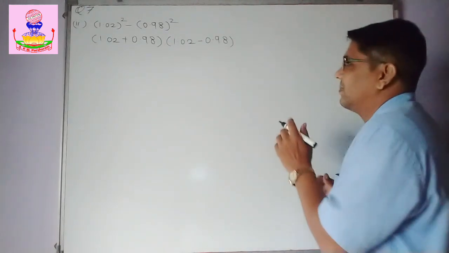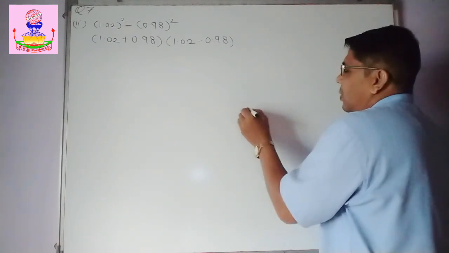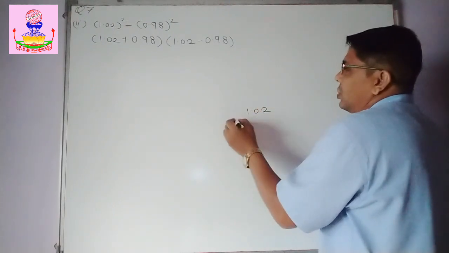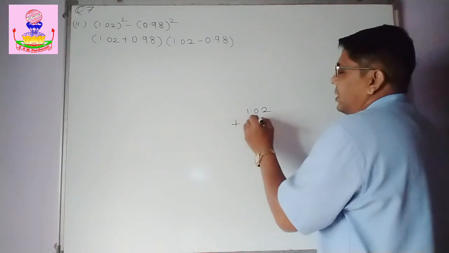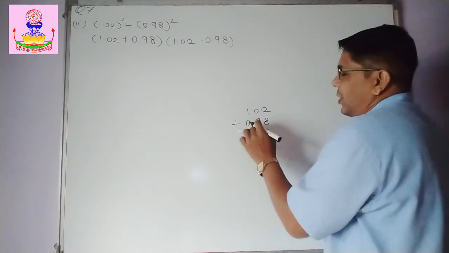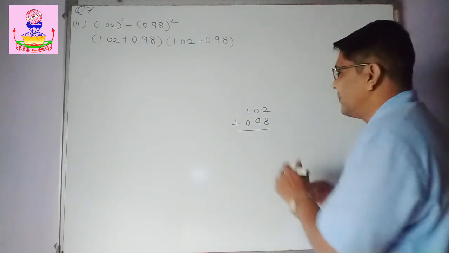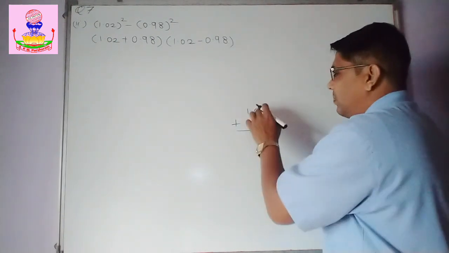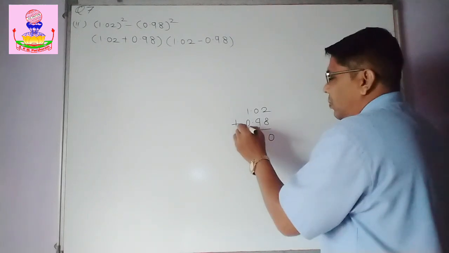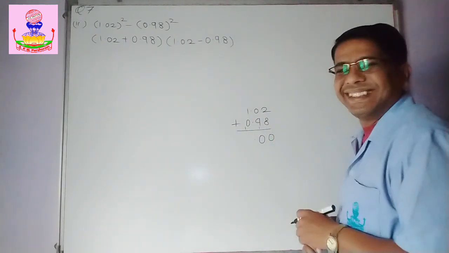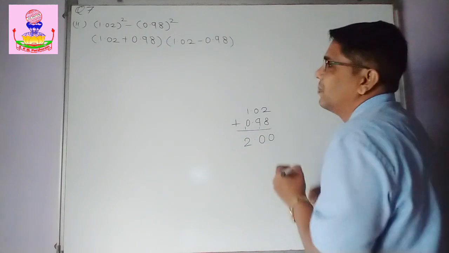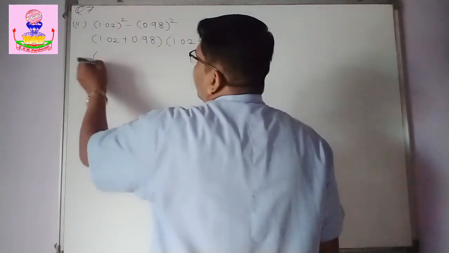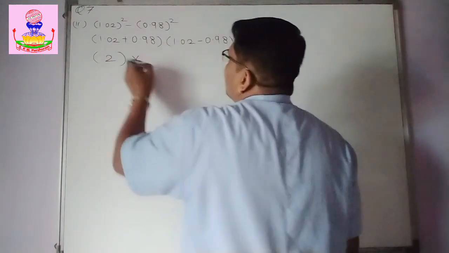First, you can do it in your rough work: 1.02 plus 0.98, decimal point below decimal point. 8 plus 2, 10, 1 carry on. 9 plus 1, 10, plus 0, 10, 1 carry on. Decimal point. 1 plus 1, 2. So 2.0, that means 2 into.